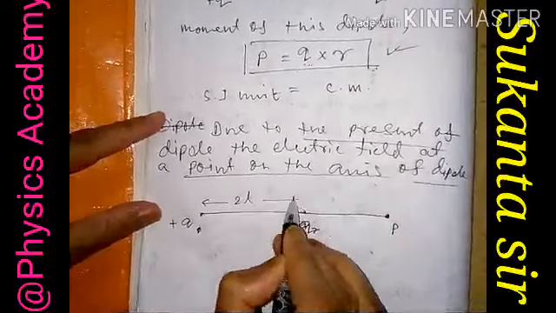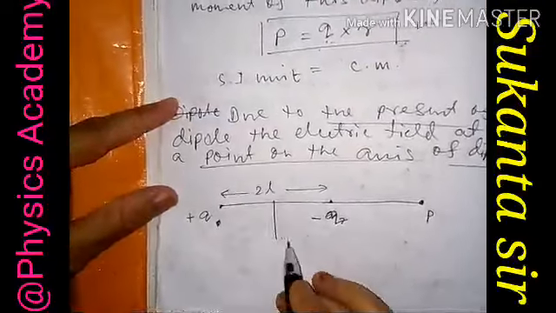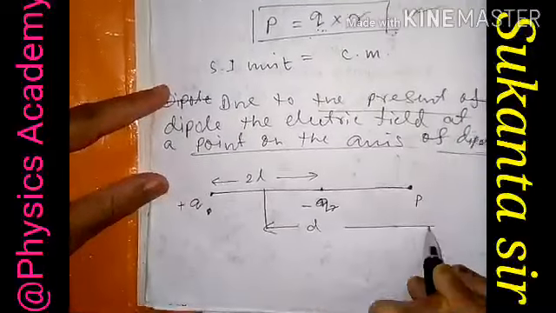Let the distance between this dipole be 2L, and from the midpoint the distance to P is say d.